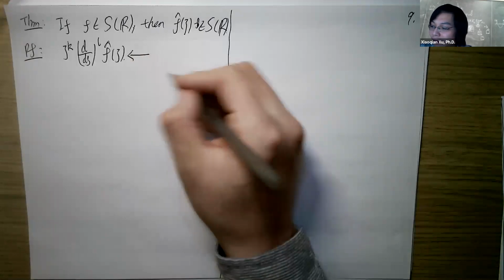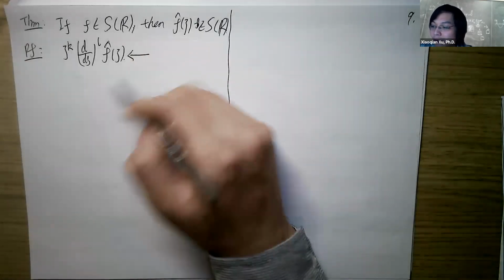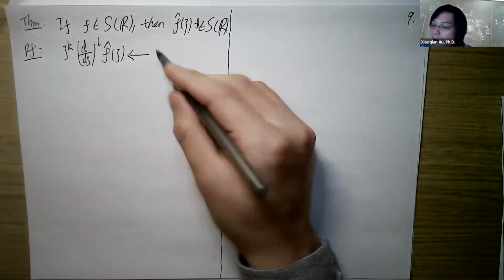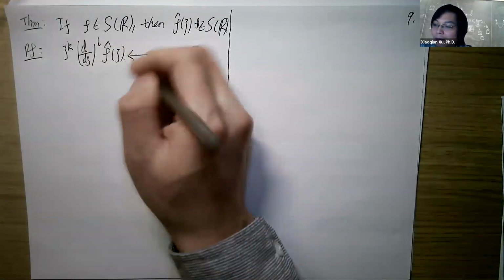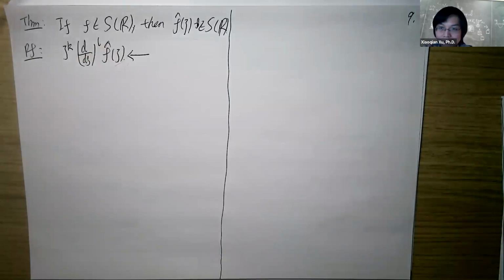So if we can say that this kind of thing is the Fourier transform of an M_R function, or even more, a Schwarz function, then we can see that this is bounded above. Then we are done.